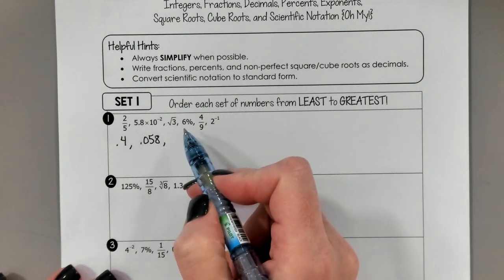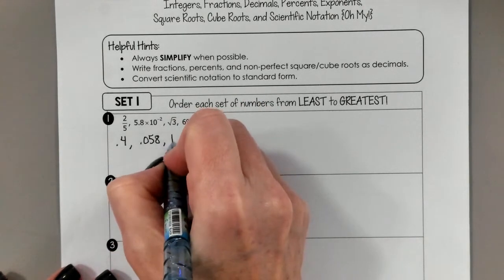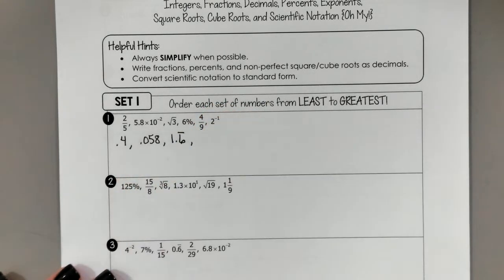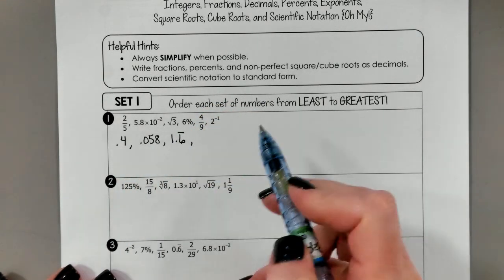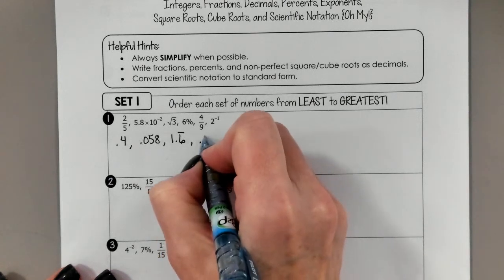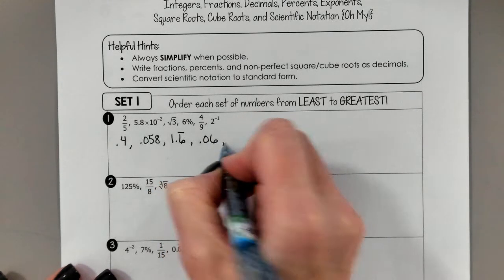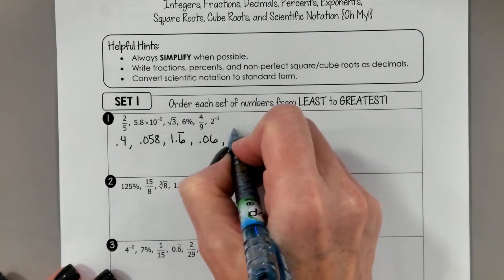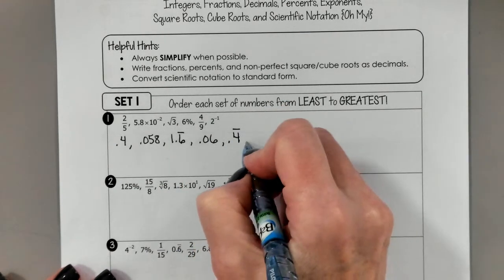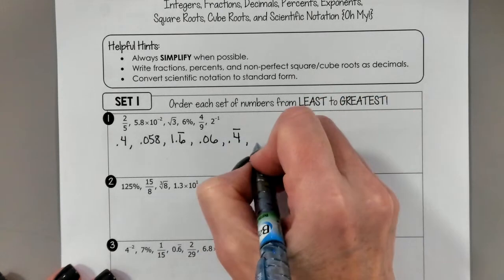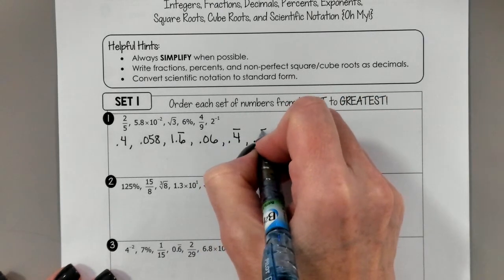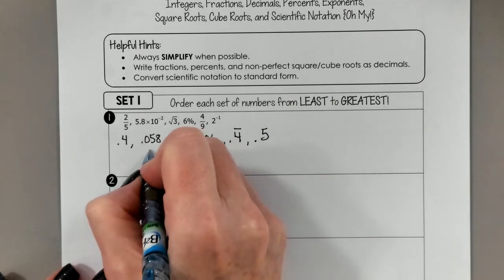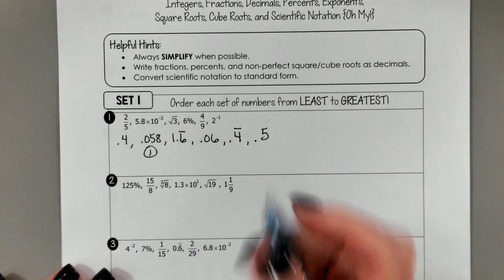Square root of 3 was 1.6 repeating. 6% was 0.06. 4/9 was 0.4 repeating. And 2 to the negative 1 was 0.5.